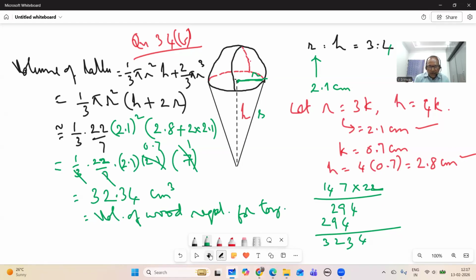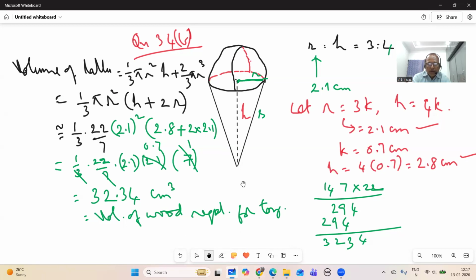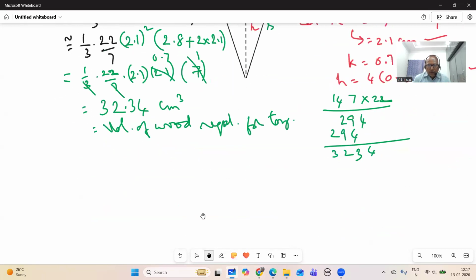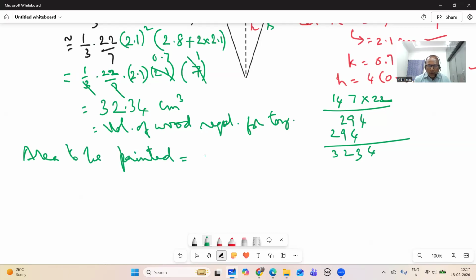So let us calculate that. Area to be painted is equal to pi rs plus 2 pi r square. Why?